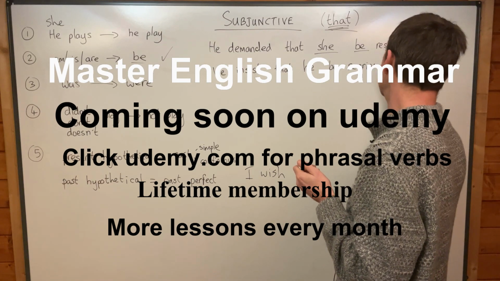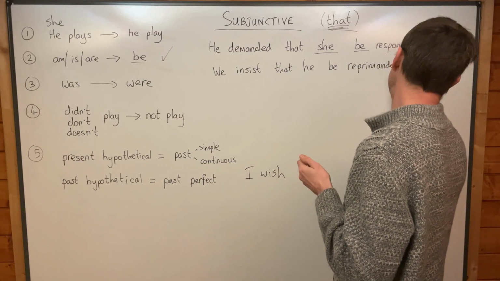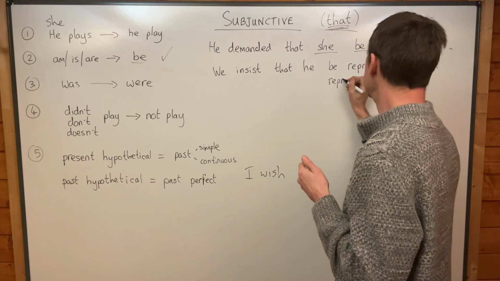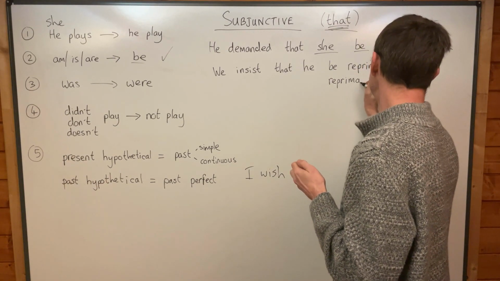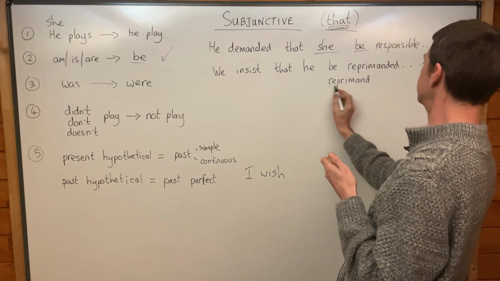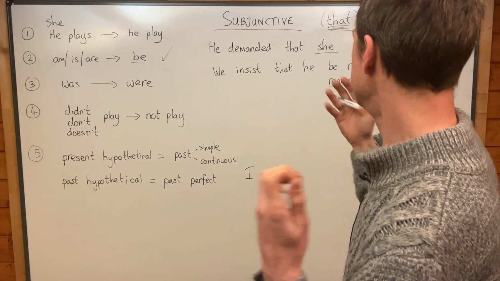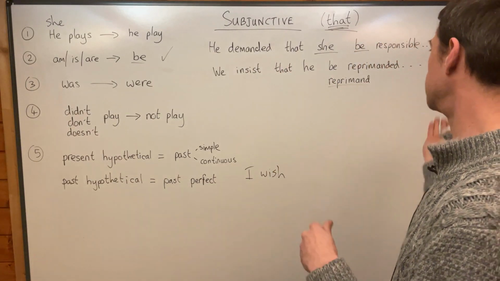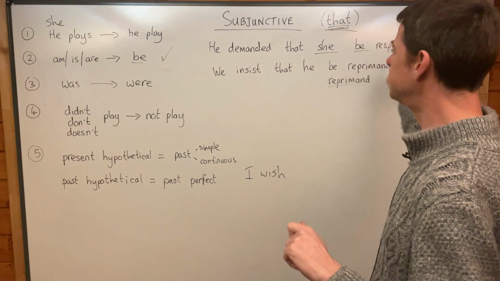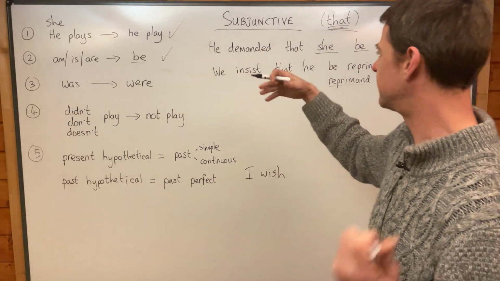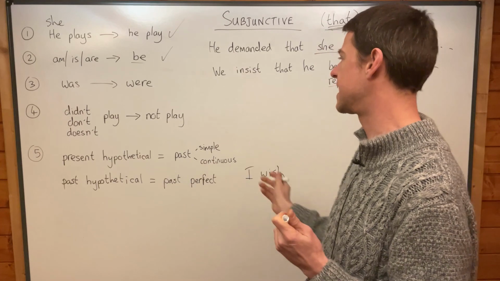Or we insist that he reprimand his subordinates. Yeah, he reprimand and not reprimands. It means punish, by the way. We insist that he punish his subordinates. We insist that he be punished. I'm trying to show you number 1 and number 2. And I think I have with he demanded that, we insist that.